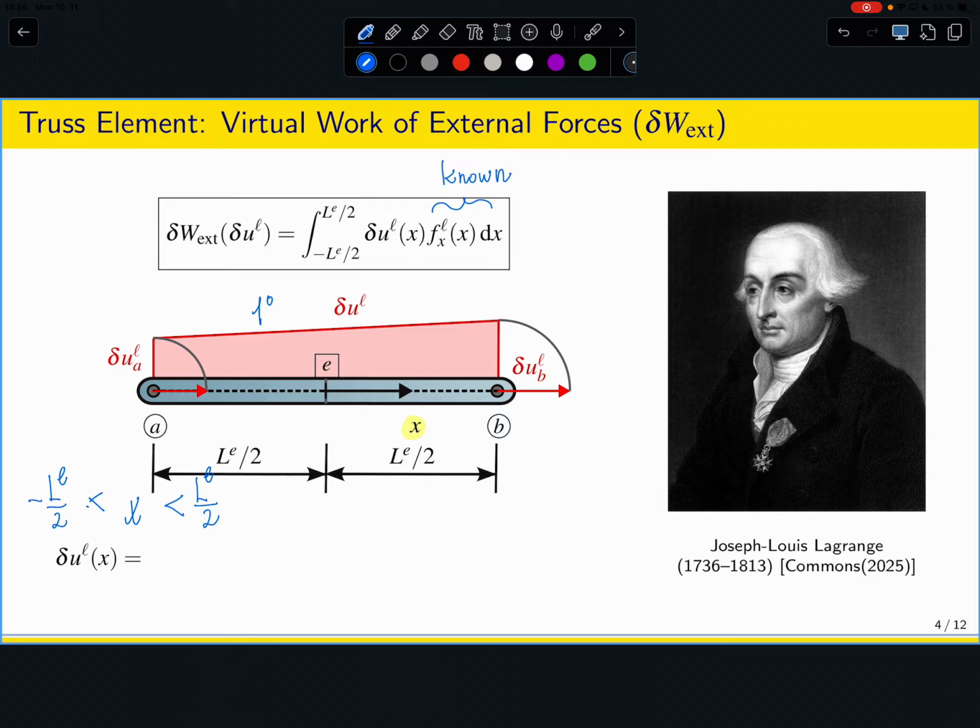And there is a procedure or algorithm, if you wish, which is called Lagrange interpolation, which allows you to do this polynomial interpolation based on some data at the nodes.